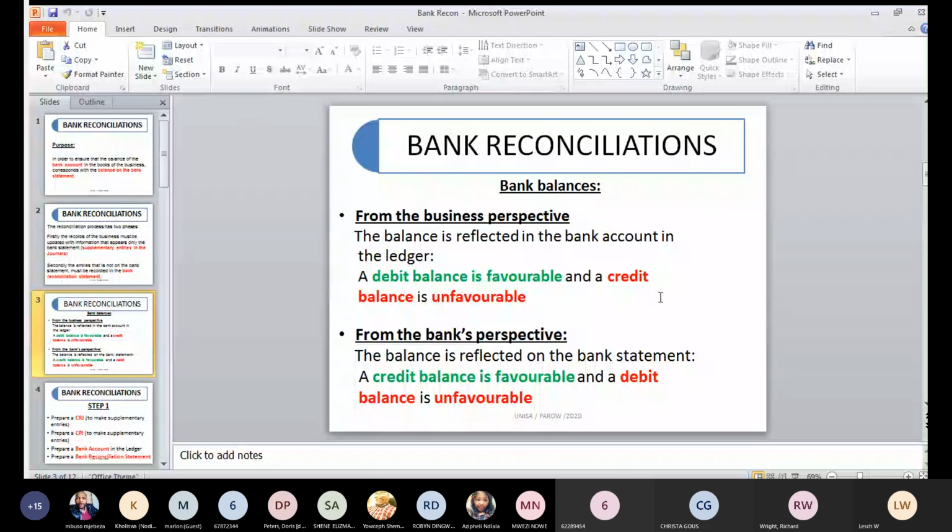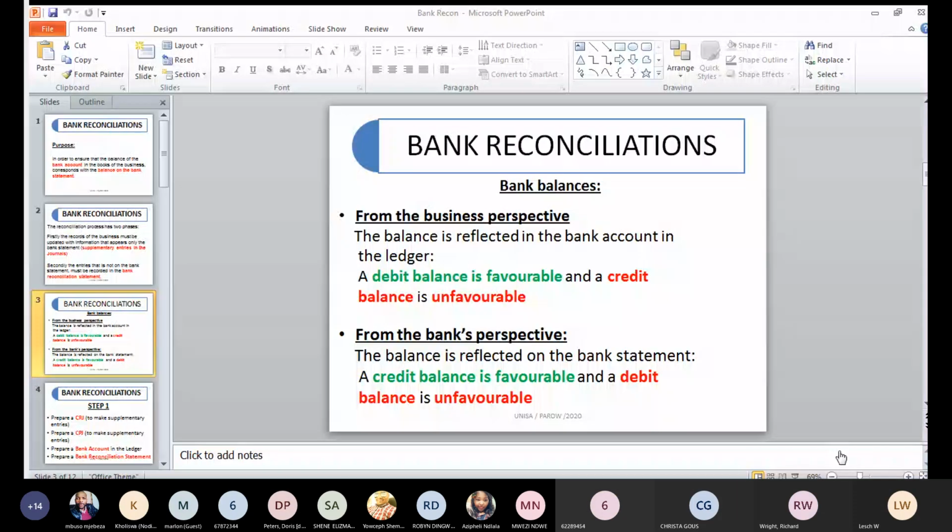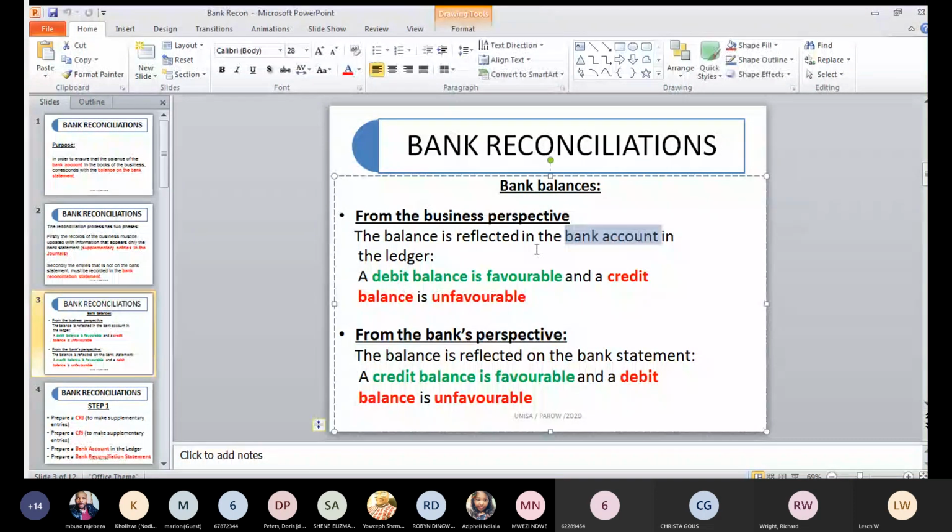Now, let us first of all speak about the bank balances. So when we talk about the bank balances now, we can have the bank balance according to the business and the bank balance according to the bank. If we have got money in our bank, the bank account in the ledger will reflect a debit balance. So a debit balance in the bank account from the business point of view is regarded as an asset.